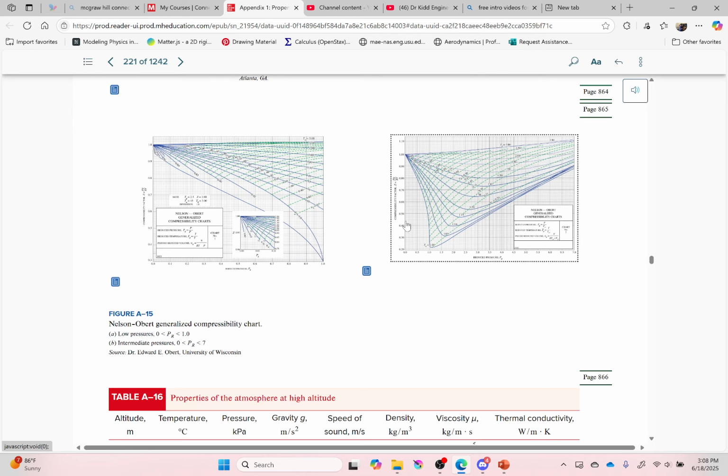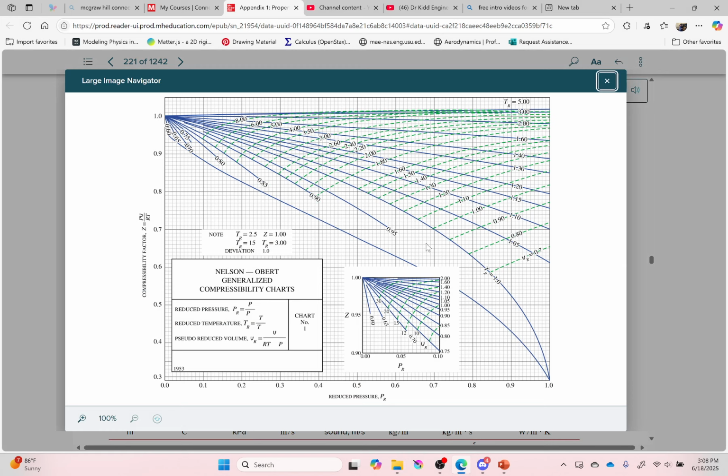In this case, you can see we've got my reduced temperature and my reduced pressure right here. If I know my reduced temperature and my reduced pressure, I can find my compressibility factor.